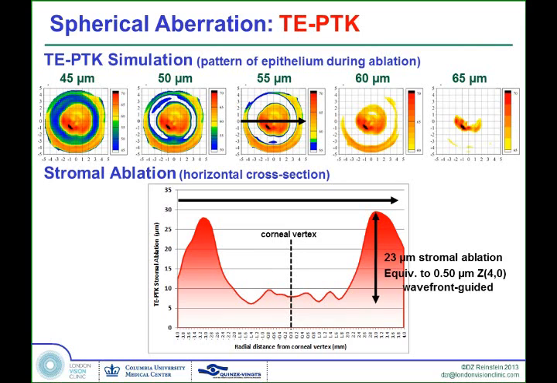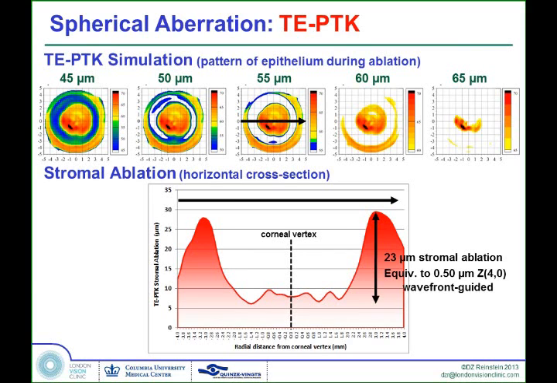What we're trying to do is remove only the bumps in the periphery, represented here in the horizontal extraction from the 55 map. So you're basically transepithelially going down to remove the bumps, the expansion, but not take more than that out. Otherwise, it's a hyperopic ablation, and the patient ends up myopic.